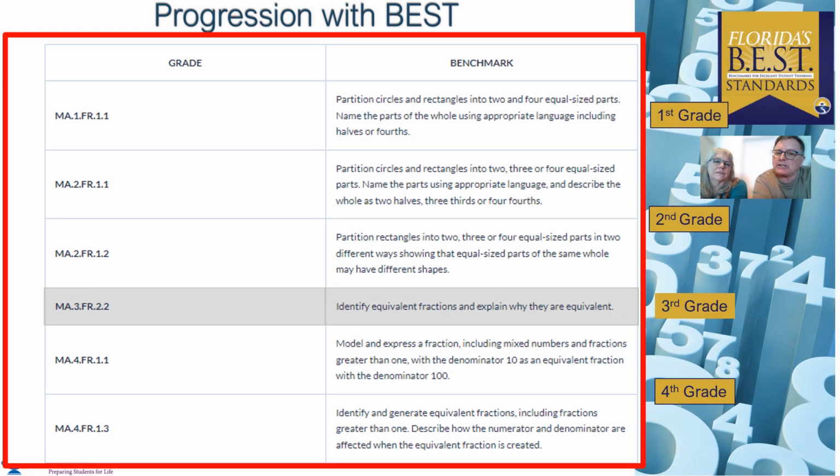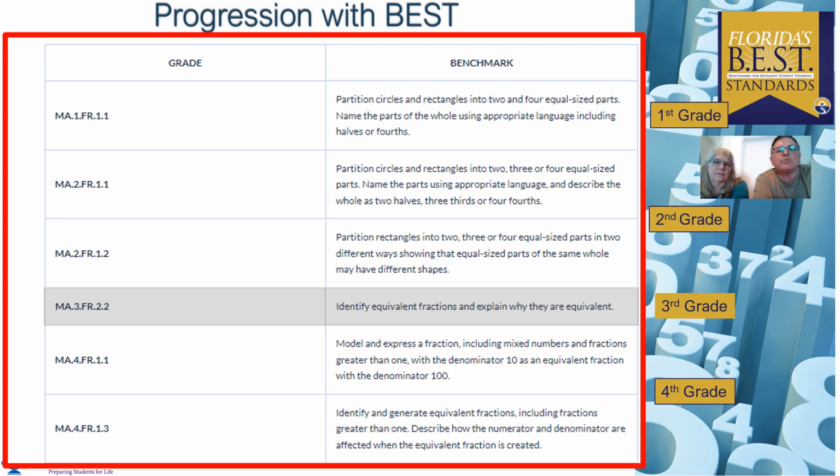So before we take a look at that problem that you just solved, let's take a look here at the progressions with regards to equivalent fractions. Go ahead, Barbara. I see that there's nothing for kindergarten, so fraction instruction must not begin until first grade. Barbara, you're absolutely correct.